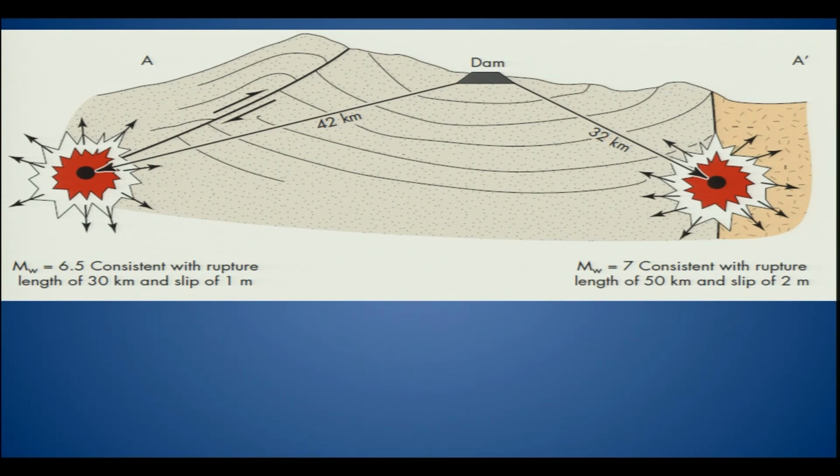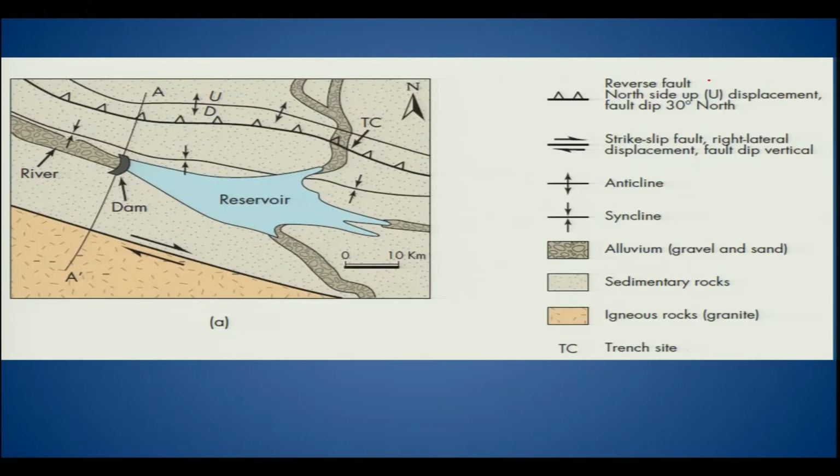Further, even with different mechanisms, they may trigger different types of earthquakes with different magnitudes. So, 6.5 here is consistent with a rupture length of 30 kilometers and slip of 1 meter. In terms of the reverse fault, this is the section which has been shown as A dash.